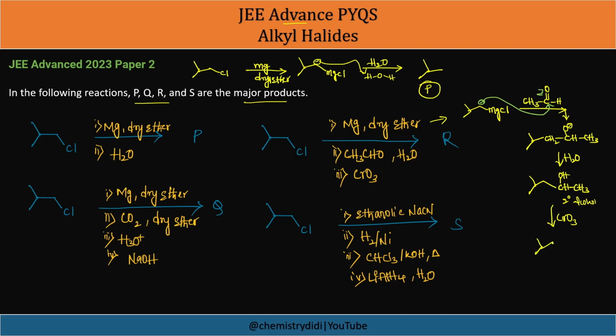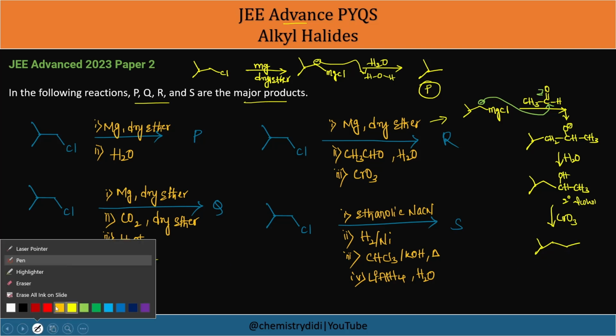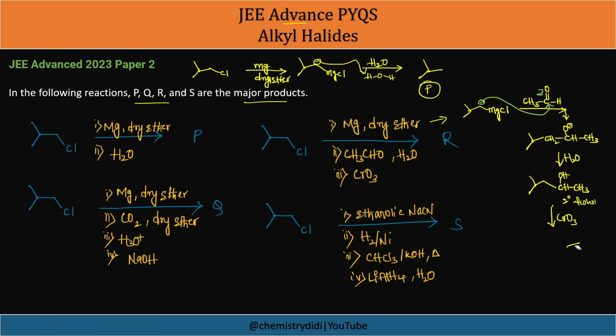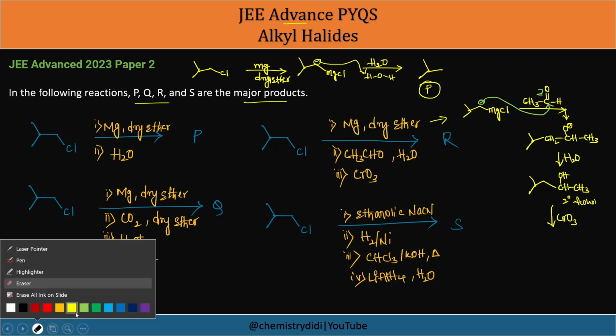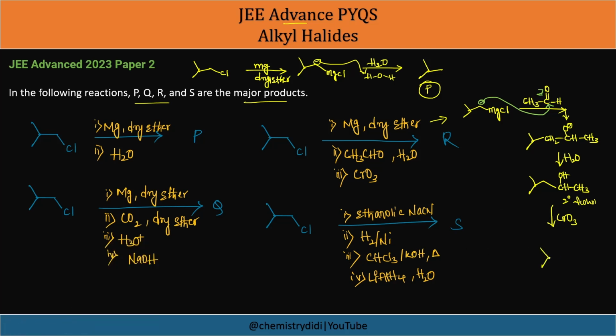So finally we'll get this as the major product. Let me draw it this way: C double bond O CH3. This is our product R. So this is our product P, and this is our product R, the major products.